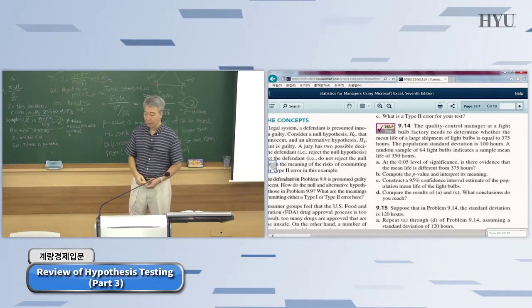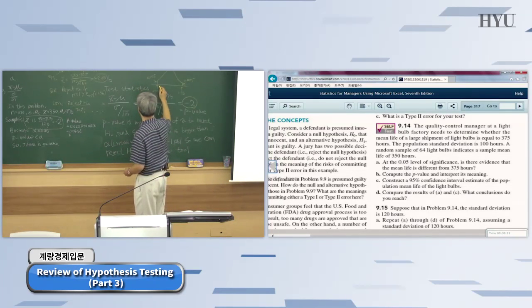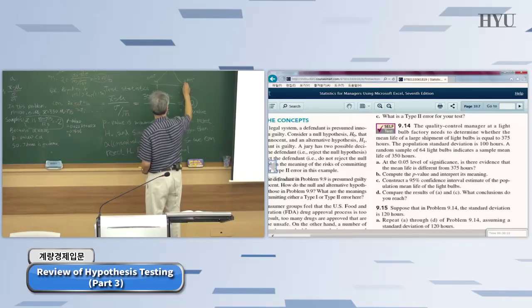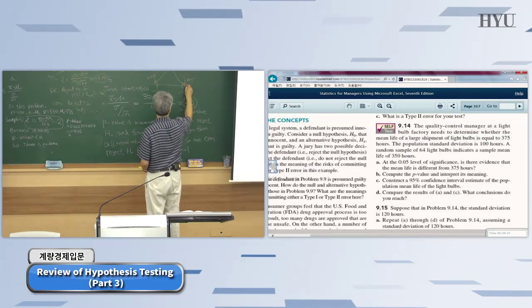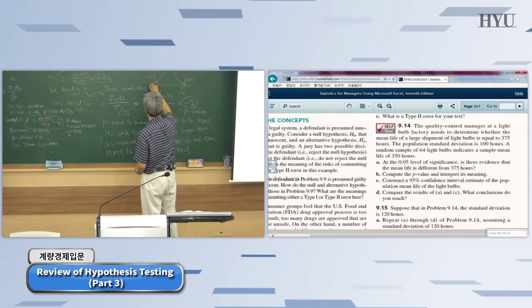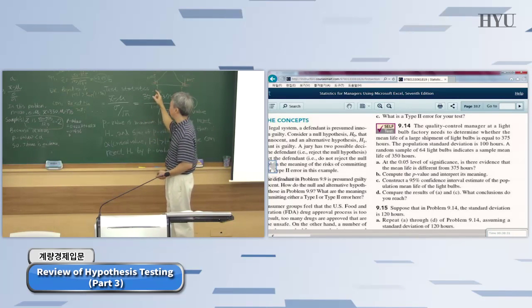So if this is 2.00, here's negative 2.00, and we have to calculate this area plus this area. Well, since the distribution is symmetric, all you need to do is find one side and multiply by 2.